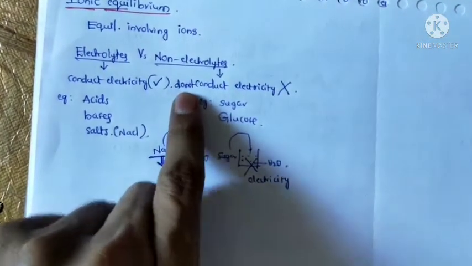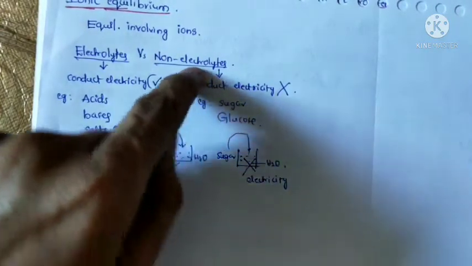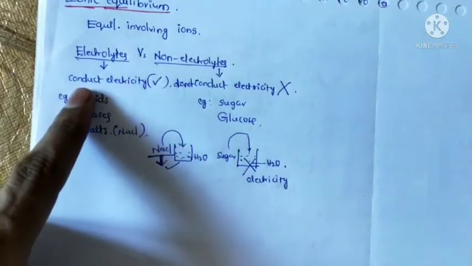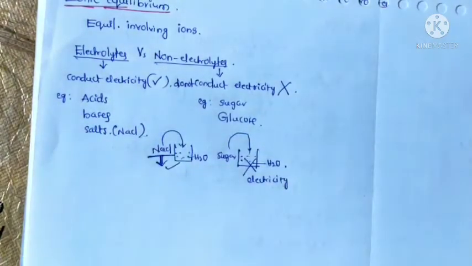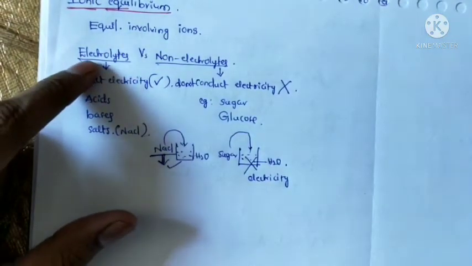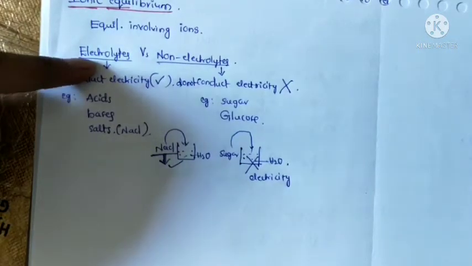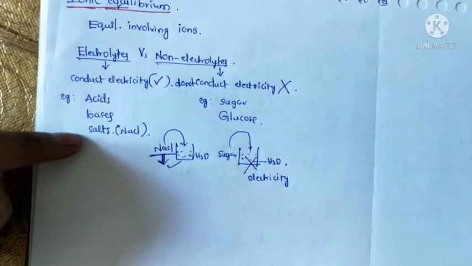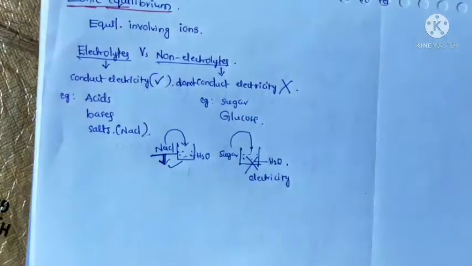The substances which do not conduct electricity are called non-electrolytes, and the substances which conduct electricity are called electrolytes. The best examples are acids, bases, salts, and for non-electrolytes, sugar and glucose.